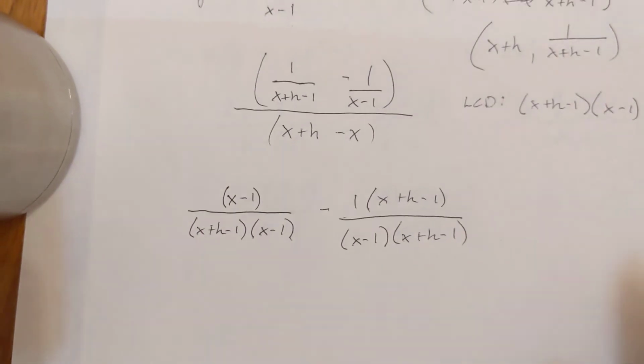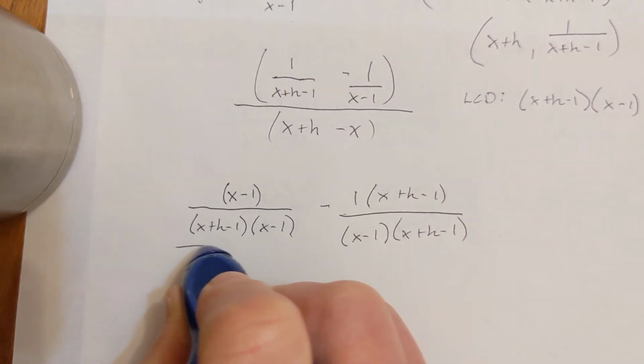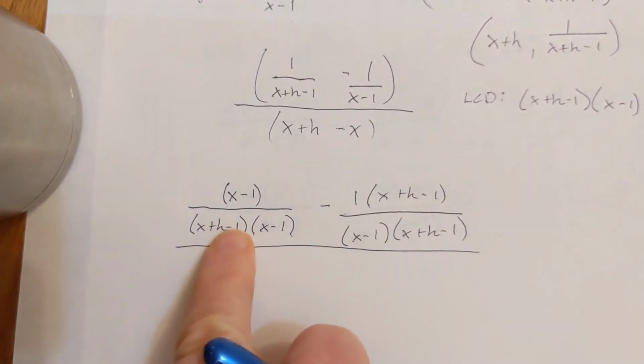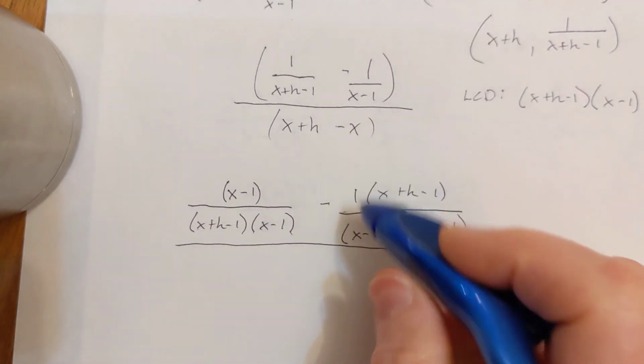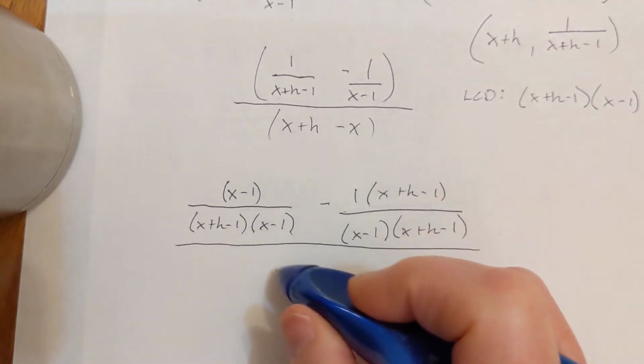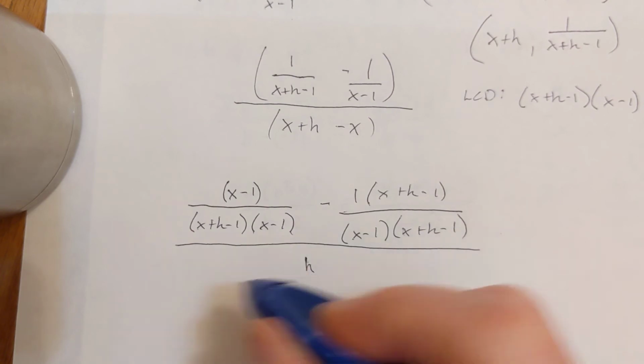So this is just my numerator. I've built it to common denominators in the numerator, and now I can combine these. In my denominator, I'm going to have just h.